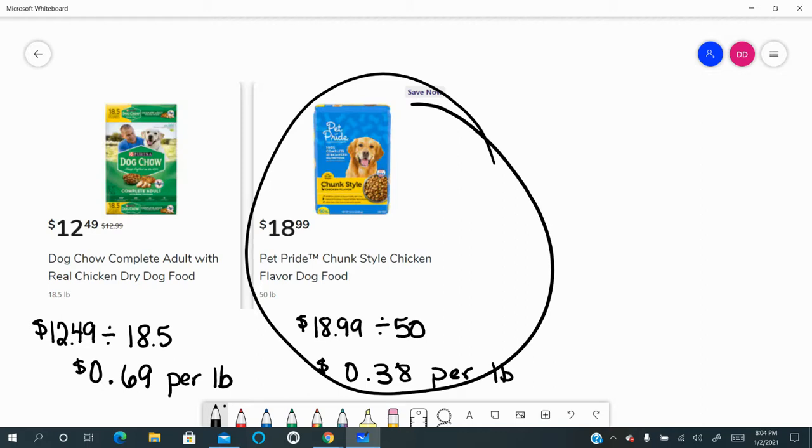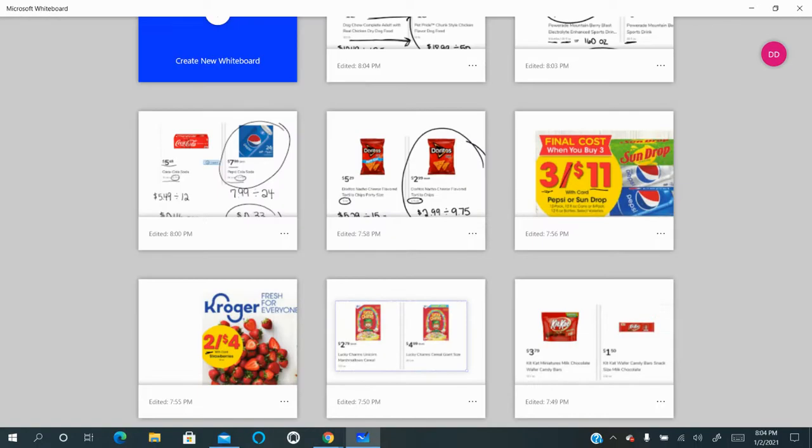If I look at the amount of dog food and the price of the dog food, the amount of dog food more than doubled. So then you would expect the price to more than double, but it didn't. So I don't always have to divide to find out what's the better deal. Sometimes I can tell by just observing the amounts and seeing what would cost me less.